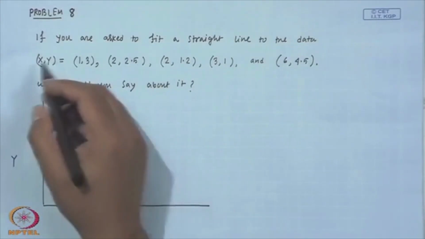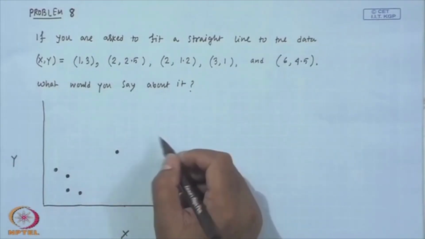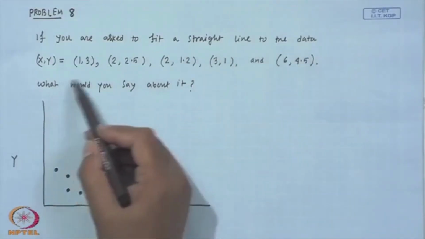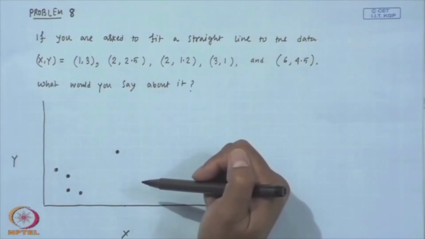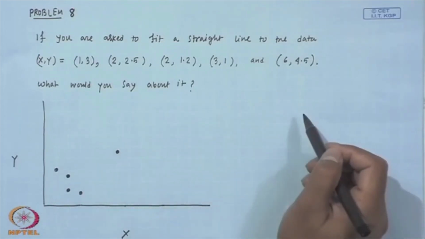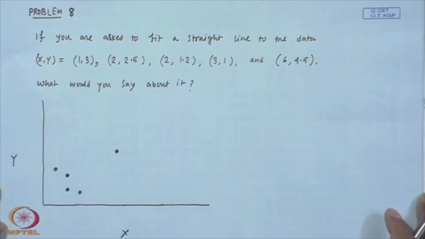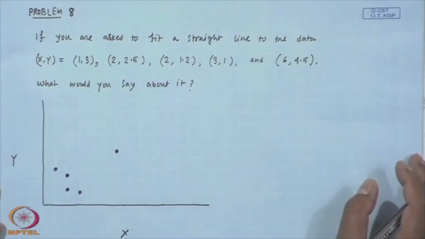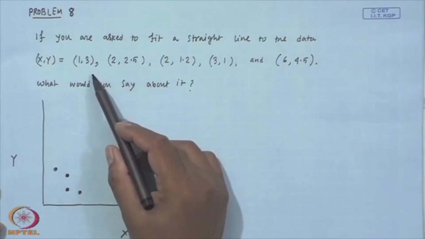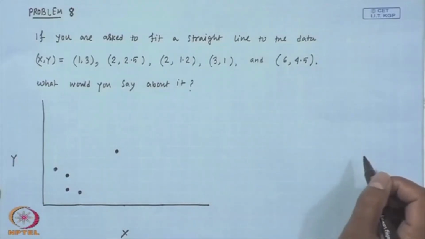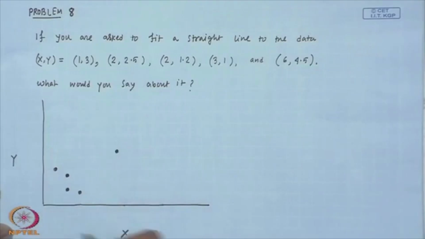Well, this problem says that if you are asked to fit a straight line to the given data, what would you say about it? It is sort of difficult to know exactly what the question is asking for. So, you are given 5 data points, and here is the scatter plot for the given data.